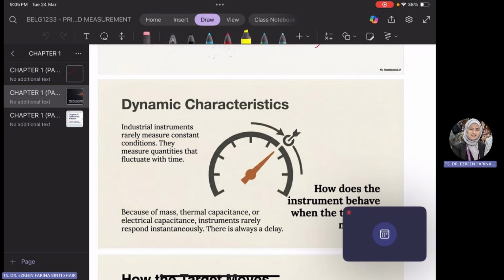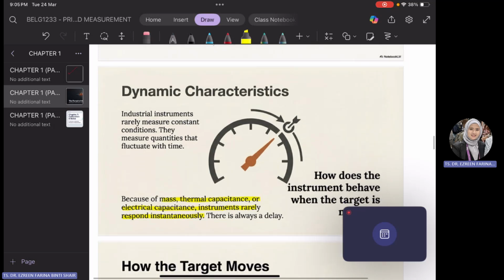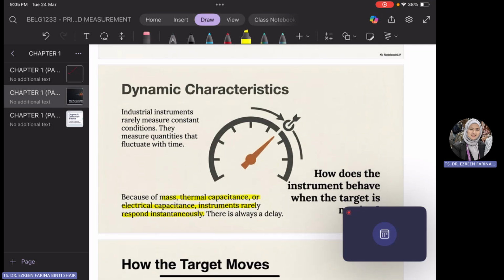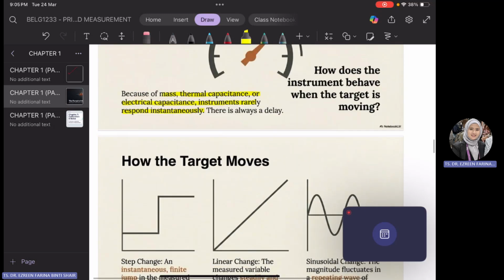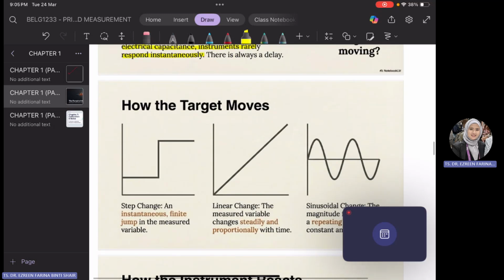Because mass, thermal capacitance or even electrical capacitance instruments rarely respond instantaneously, so there will always be delay.